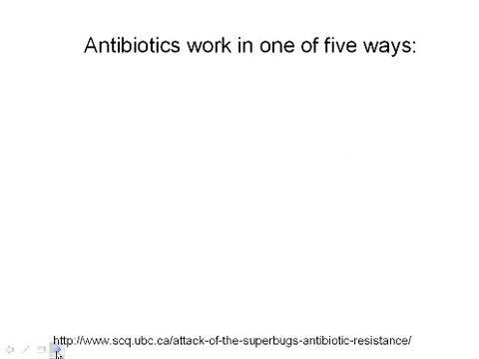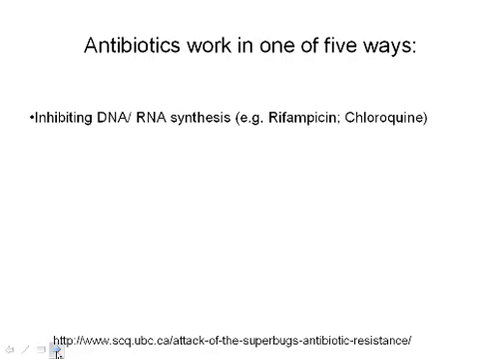So let's look at the way that antibiotics work. First of all, some antibiotics are able to inhibit DNA and RNA synthesis, which obviously has a big impact, because if they're not synthesizing DNA and RNA, they can't make proteins. So no proteins made. And the reason why that's important is proteins pretty much carry out all of the functions.